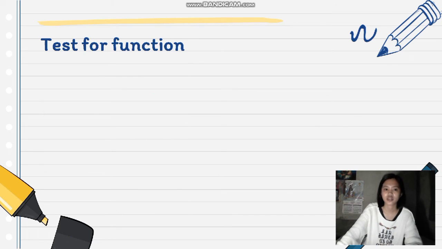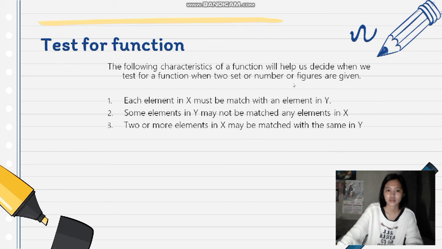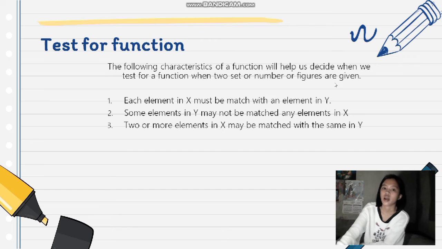Next, meron tayong test for function. The following characteristics of a function will help us decide when we test a function when two sets of numbers are given. Each element in x must be matched to an element in y. Some elements in y may not be matched to any element in x. Two or more elements in x may be matched with the same in y.